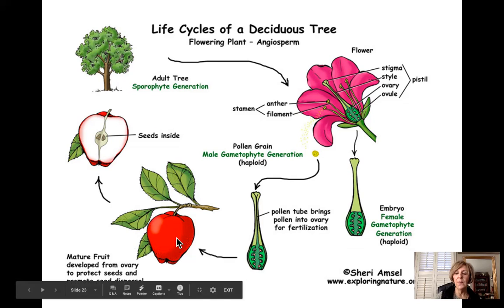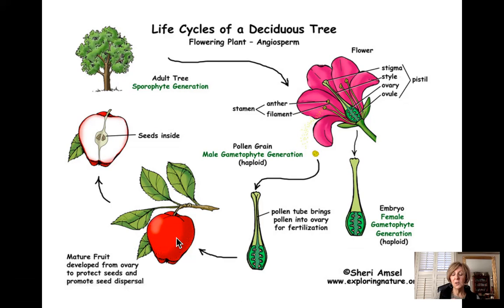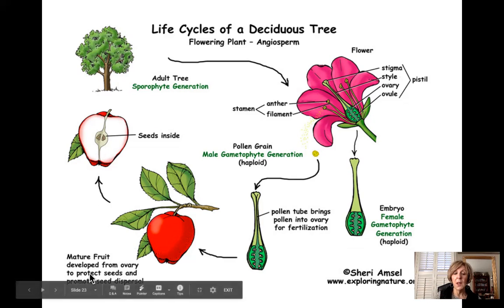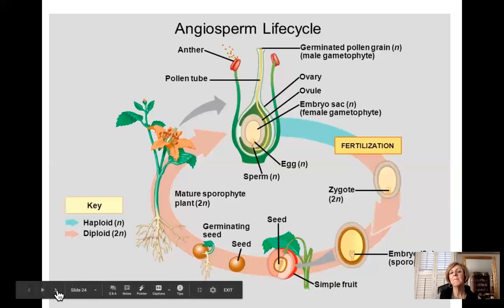And that fertilization is going to develop the embryo, which is the seed. And the swelling that's around that is what we call the fruit, all right? And when that seed, which is now 2N, is planted, it goes through a lot of mitosis to form the big multicellular structure that's a tree.